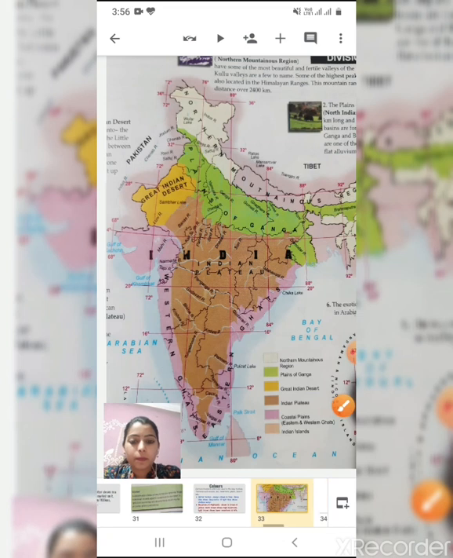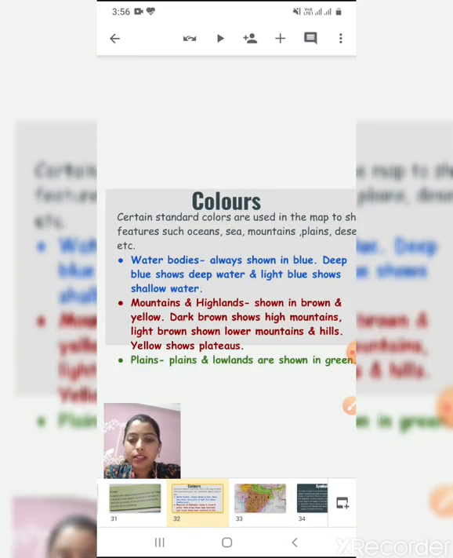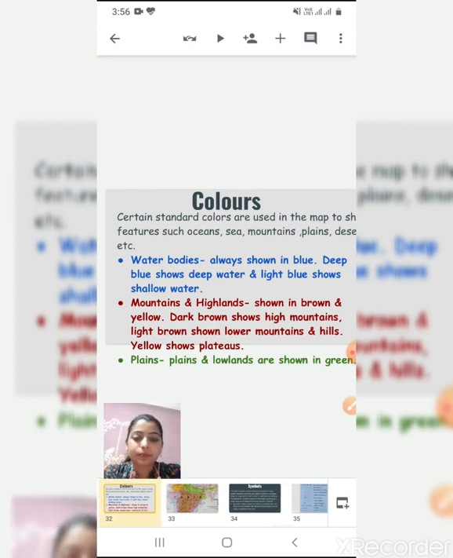Understood? So, are you able to understand the importance of colors? Water bodies are always shown in blue color, mountains and highlands are shown with brown, yellow and light brown color. Plains and lowlands are always shown with green color.